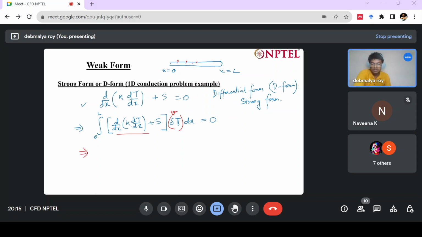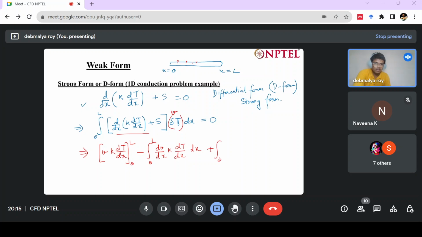If we do that, we'll have first v dt/dx, evaluated at 0 and L, minus the integration from 0 to L of the derivative of the first function, dv/dx, times dt/dx, and we will have this s term as it is.